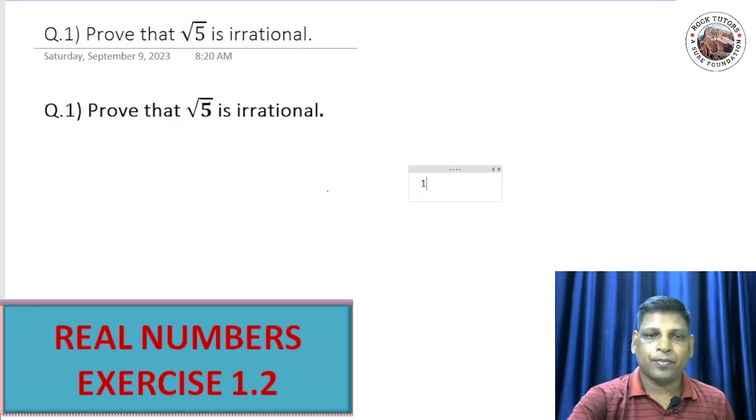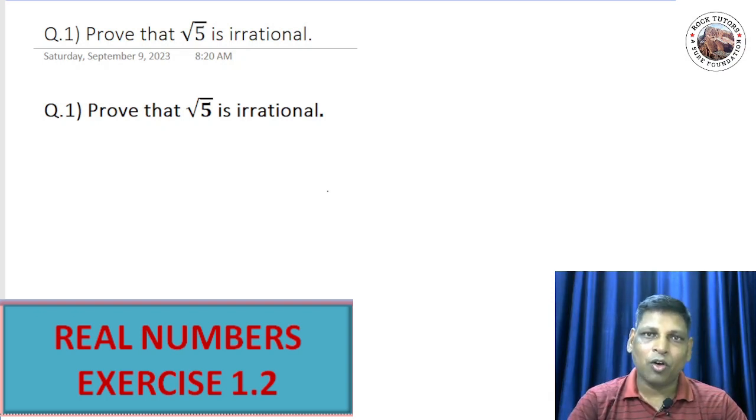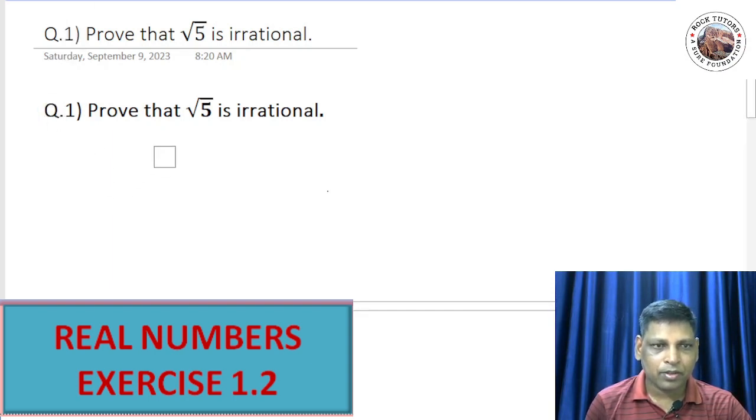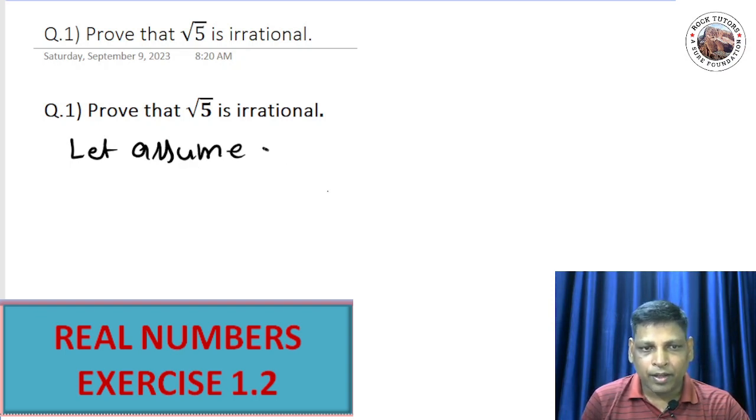Prove that root 5 is an irrational number. Now how will you prove? Let us assume root 5 is a rational number.